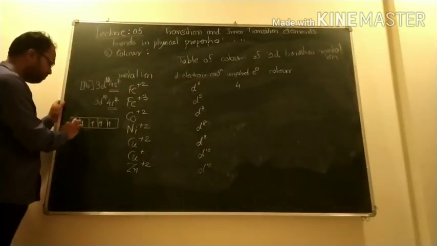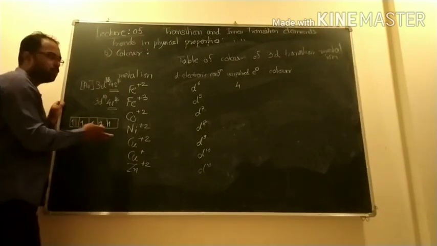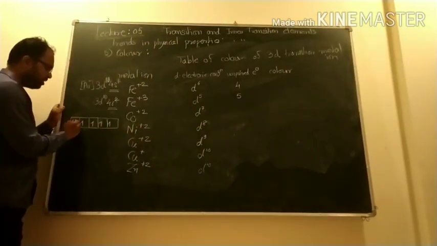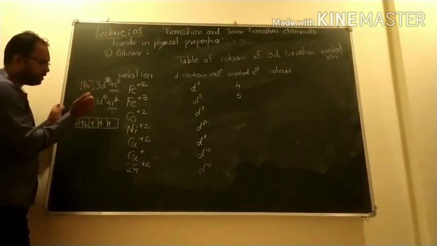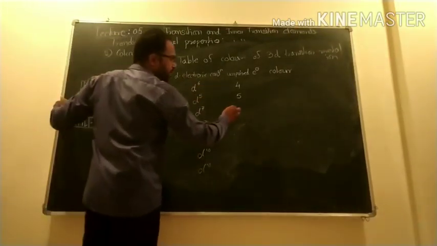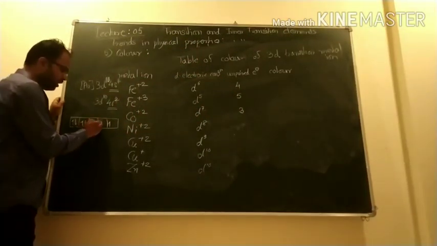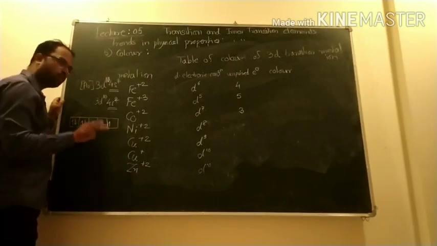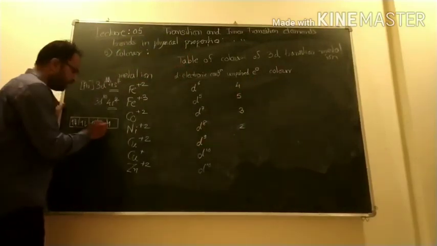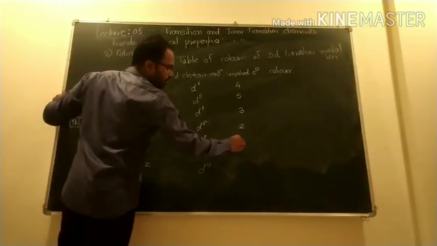For d5, 5 electrons fill singly, that means the unpaired electrons are 5. For d7, the 6th and 7th electrons pair, so only 3 electrons remain unpaired. For the d8 case, again 1 electron pairs, so only 2 electrons remain unpaired. For the d9 case, only 1 unpaired electron is present.